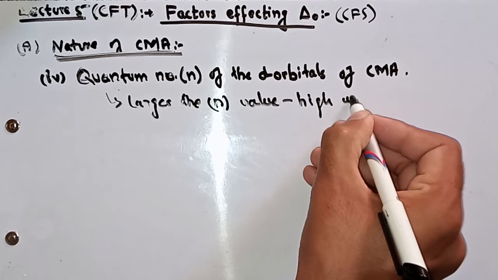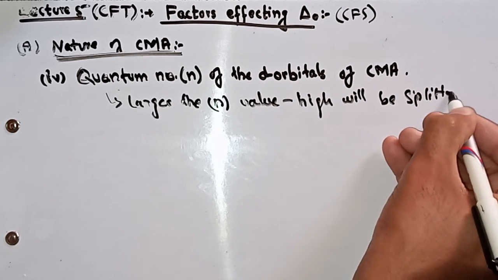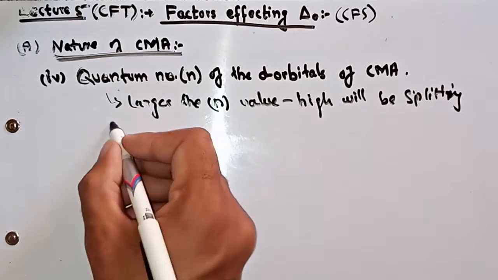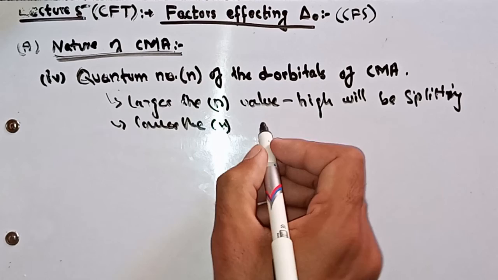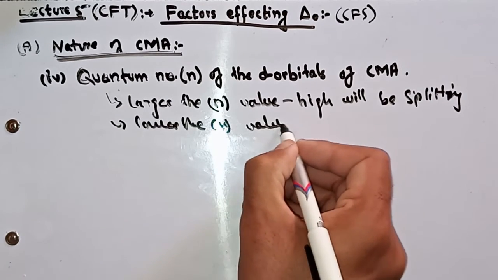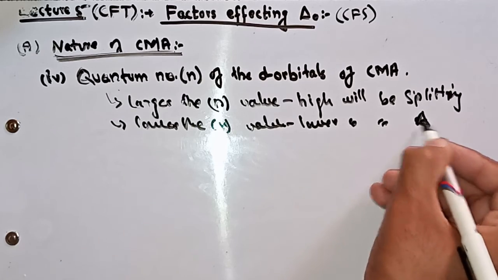The lower the n value, the lower the del naught splitting will be.